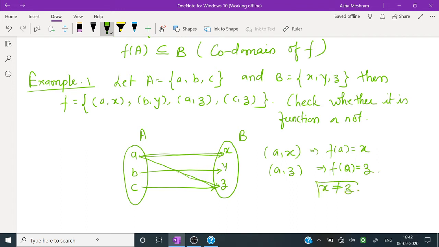So a unique element is not assigned to the element a. Unique element, because we need only one element. There are two different elements assigned to element a.